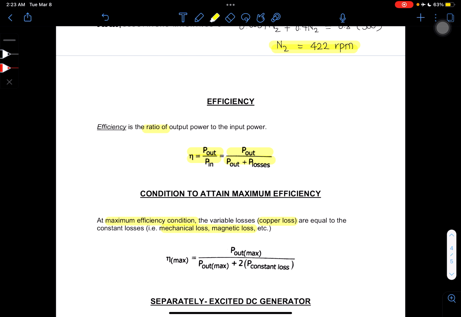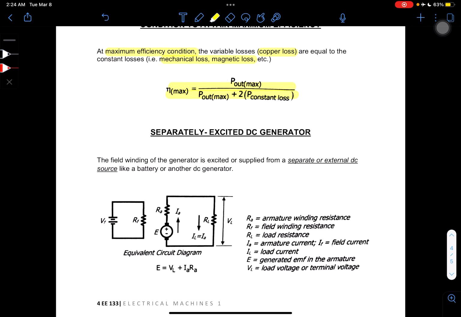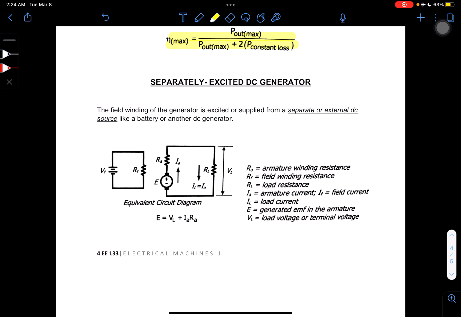For maximum efficiency, we have output power maximum divided by output power maximum plus 2 multiplied by the constant loss. So, take note of this formula for maximum efficiency.